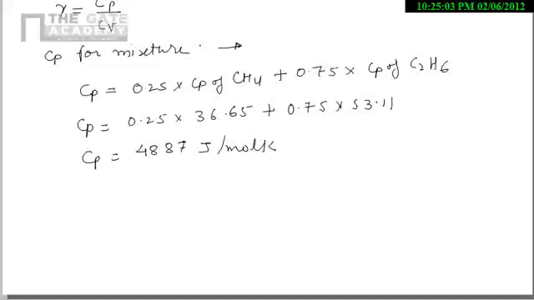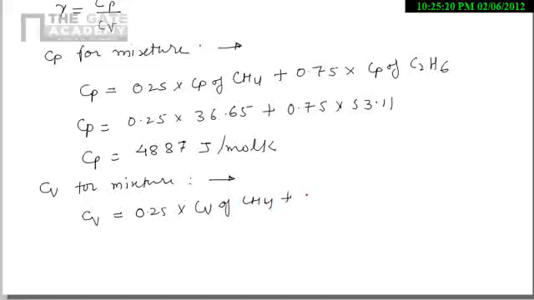Similarly, we have to find Cv for the mixture. Cv equals 0.25 into Cv of CH4 plus 0.75 into Cv of C2H6.